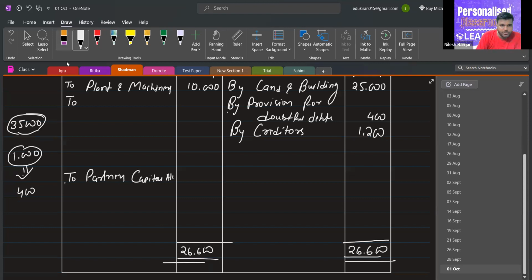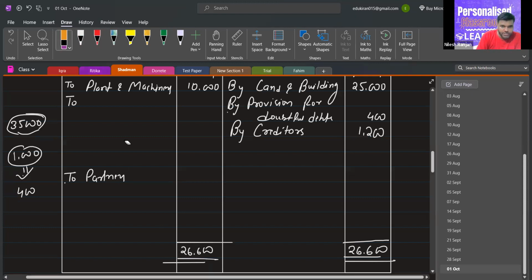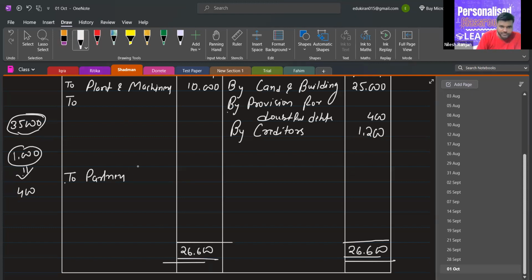Actually, no, it will not be a capital account. It will be current account. I think both are same only, capital and current. Tell me.